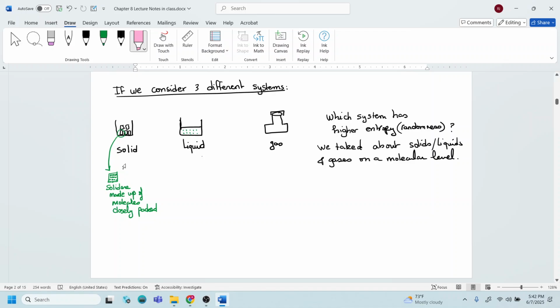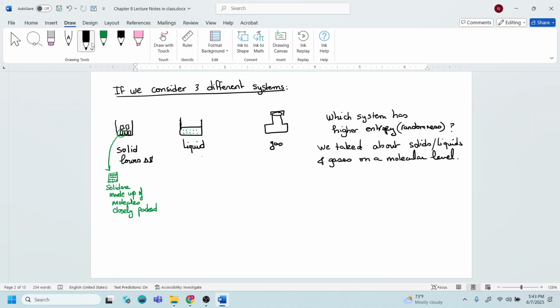So there is no room for these molecules to move around. So I would expect that the solid is going to have the least randomness among all the physical states. So the solid is going to have the lowest delta S, the lowest entropy.